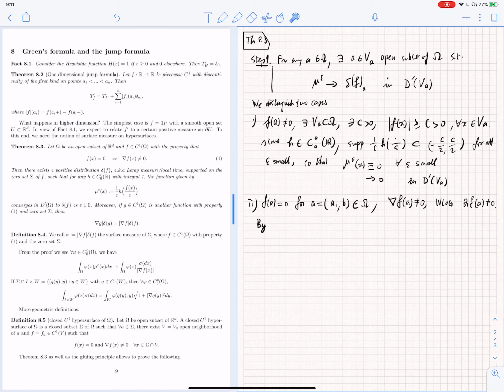So let me just give a precise statement. Implicit function theorem.